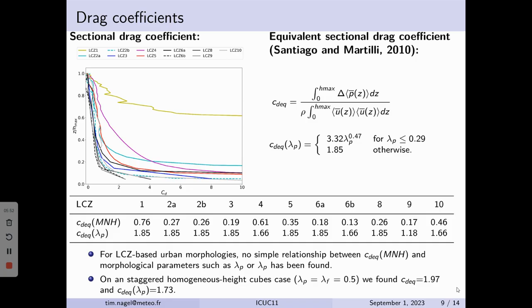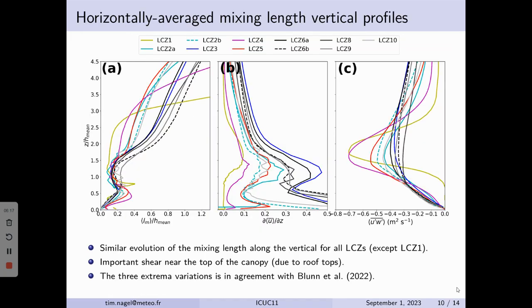We tested it for the same staggered homogeneous height cubes that were used to derive it, and then it works, but not if we do it for the LCZs. So it might show that if there's a more complex building environment, where the buildings are not staggered or aligned, and when there's a variety of building heights, then maybe it's just not that easy to describe the parameter as a function of lambda p or lambda f.